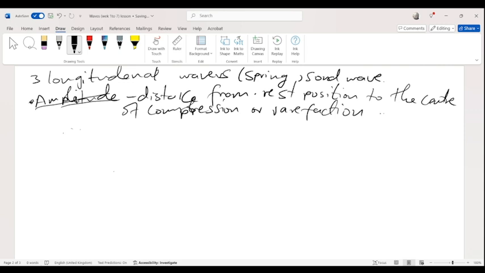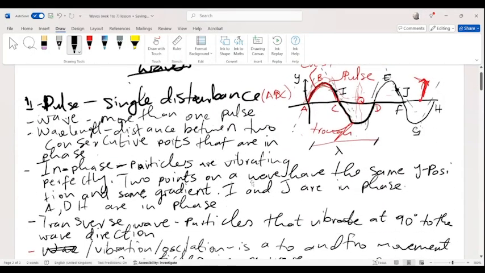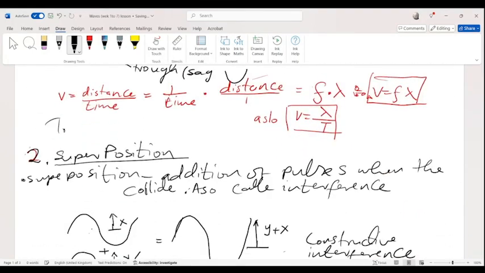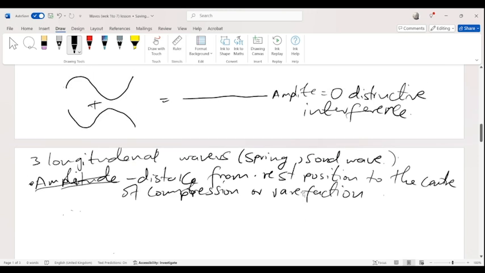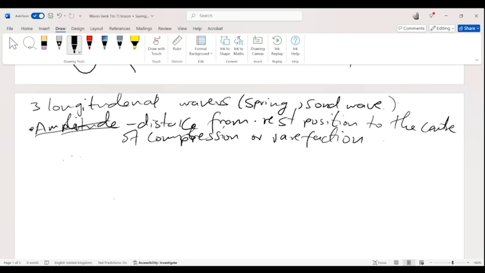Examples of transverse waves are actually light waves, and electromagnetic waves as well. So the distance from the rest position to the center of the compressions. Now this is how longitudinal waves look like.